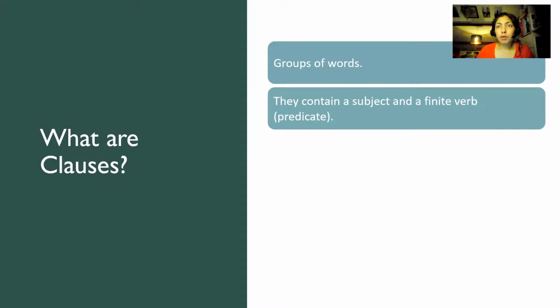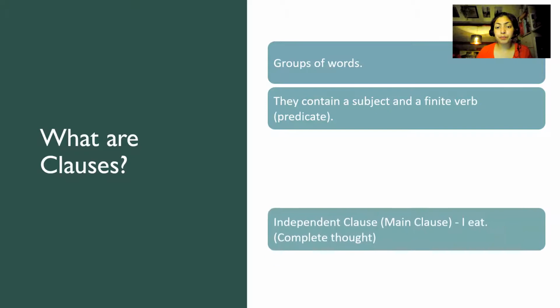Remember, a finite verb is one which has a tense. So you can use the verb in different forms, different tense forms, past, present, or future. An infinite verb, you can't. You cannot change the form of the verb. Common examples of non-finite verbs are the infinitive, gerunds, and participles. We'll come to that later in a different video.